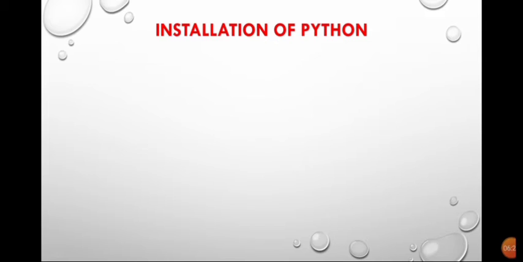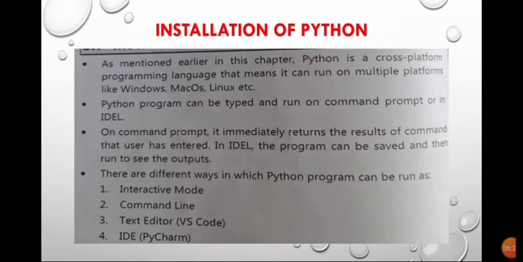So now let us move toward the installation of Python. As mentioned earlier in this chapter, in a previous video I explained how to install Python on different operating systems, that is Linux, Windows, or Mac. So Python is a cross-platform programming language.